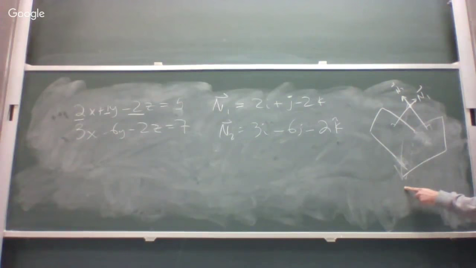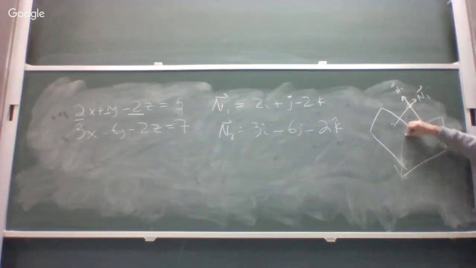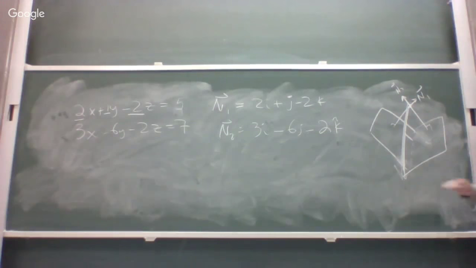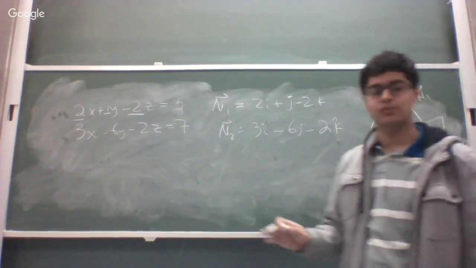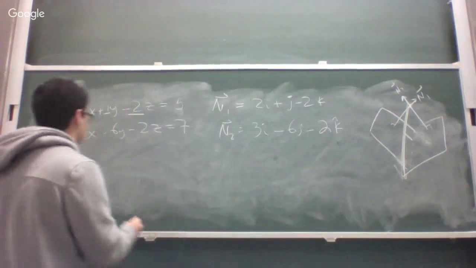So this vector which forms is parallel with the line of intersection. Did you guys follow that? So the line equation that we get will be a line parallel. And then let's find that right now.